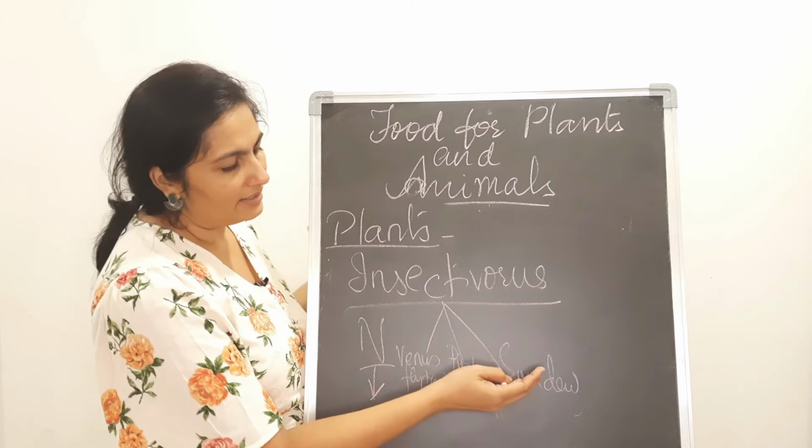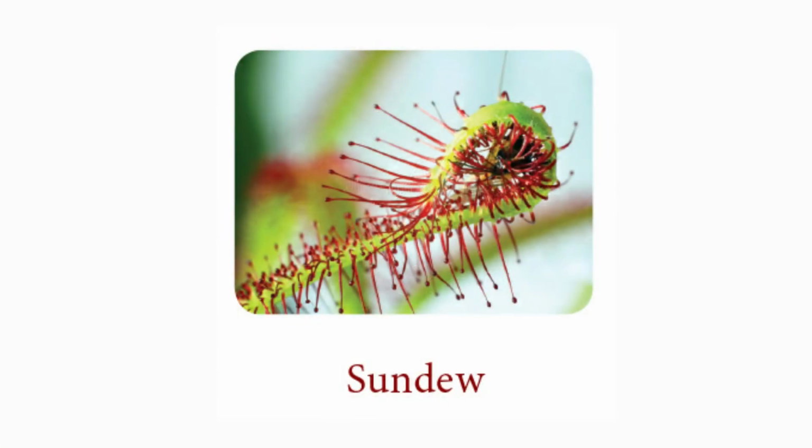The third kind is the sundew. This plant looks very beautiful. It looks like the morning dew is shining, glistening. But actually they are hair-like follicles, or they call them tentacles, with glands, and they have a sticky fluid. That fluid will attract the insects, and once an insect sits on it, it will be trapped.